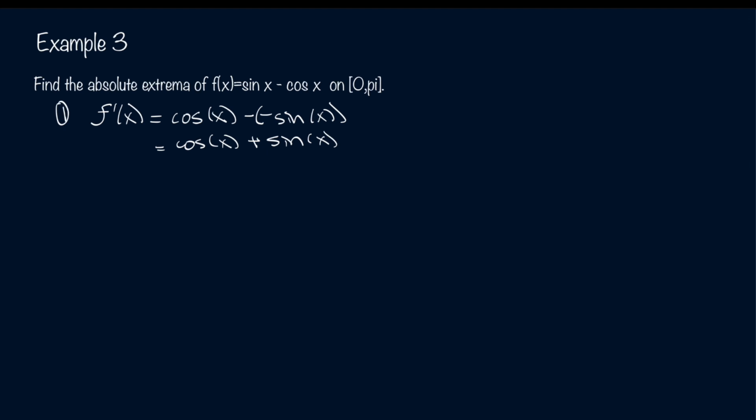Now, we're going to set that equal to 0 to find our critical points. So what we get is sine x equal to negative cosine x, or if you have your trigonometry notes with you, you would know that tan x equals negative 1.